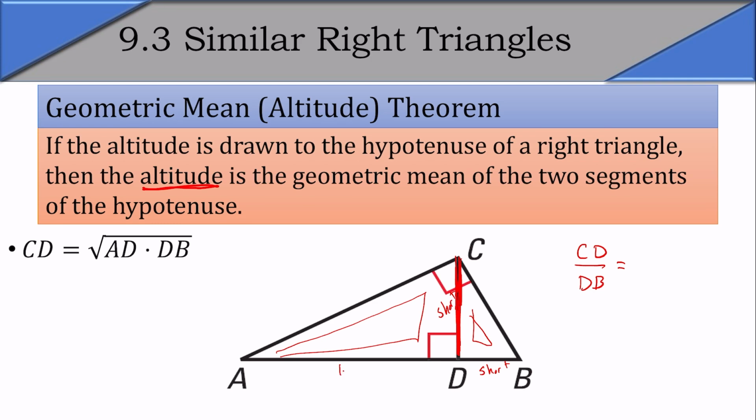Over the long leg of the big triangle, over the long leg of the little triangle, which happens to be CD. Then we can cross multiply and square root.